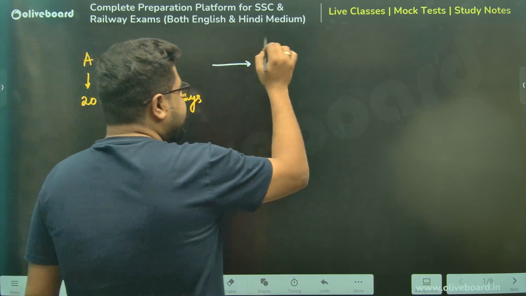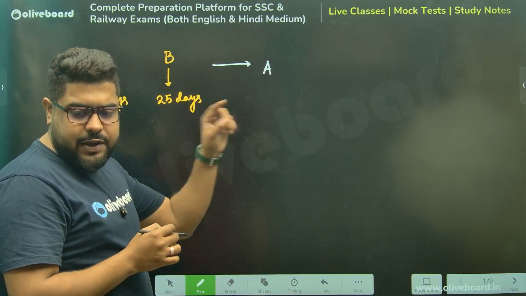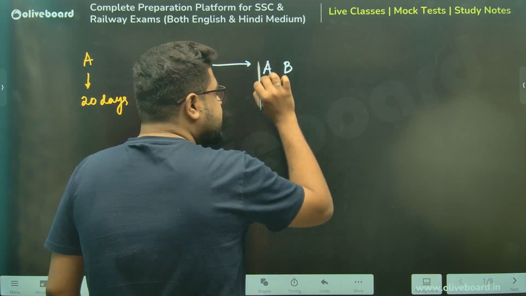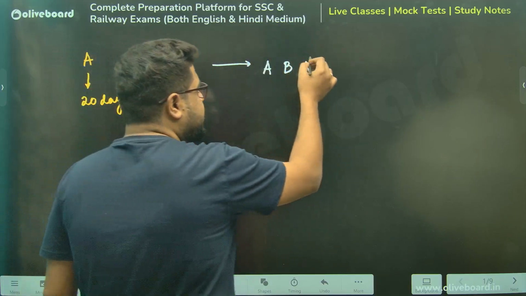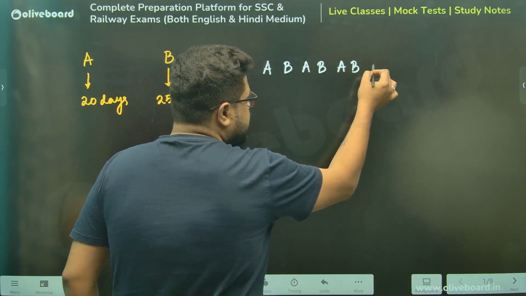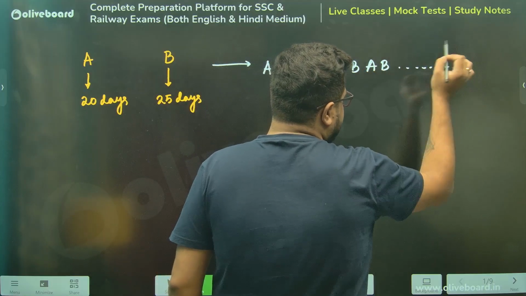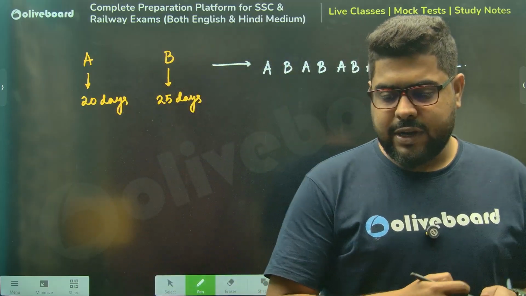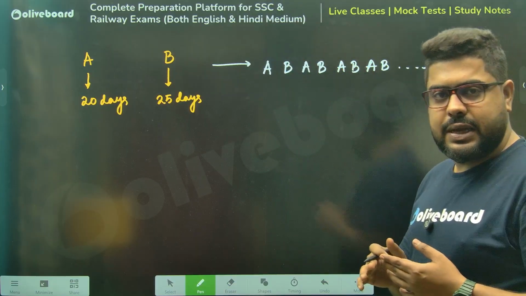I'm starting with A, meaning A will do the task first. First day A will work, second day A will take rest and B will work. Third day again A will come and B will take rest. This is going to be the pattern. So if they work like this, how much time will they take to complete the whole job? That is the question.